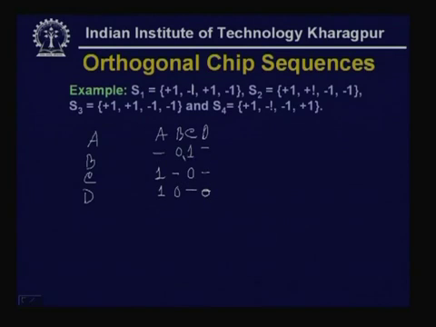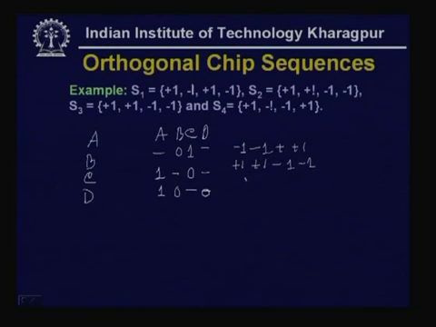For B, you have to multiply with that minus 1, so it becomes minus 1, minus 1, plus 1, plus 1. Then you have to add with that, that is for C it is plus 1, plus 1, minus 1, minus 1.